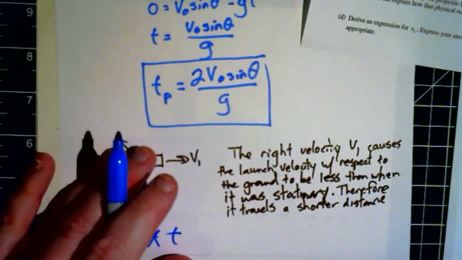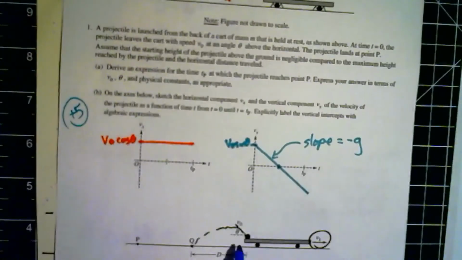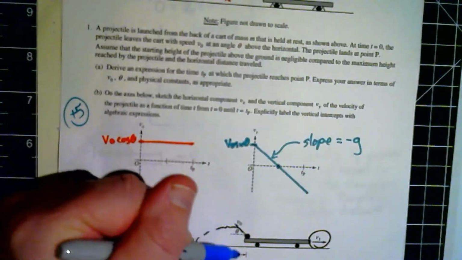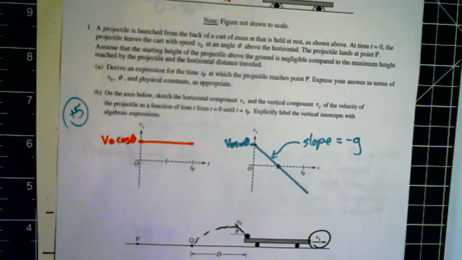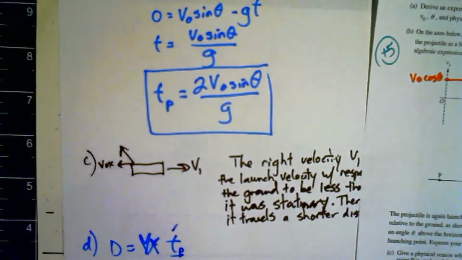Okay, so we already know what time it's going to take because the time doesn't depend on the horizontal motion. The time only depends on the vertical motion, and nothing there has changed. The angle's the same, the v0 is the same, everything's the same. So we already know what the time was. That's this time to P. It's not going to change anything.